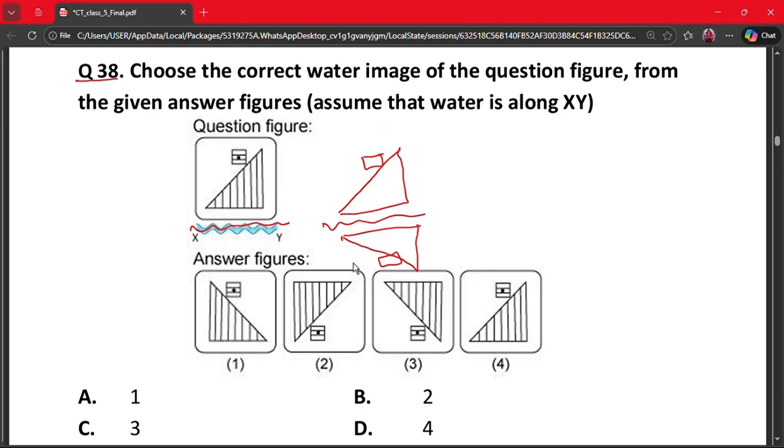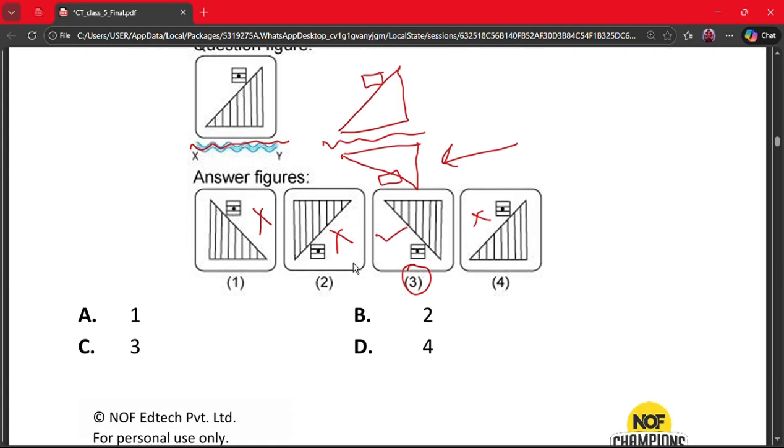So here in option A, no. Option B, no. Option C, yes. And option D, again, no. So our replica image that we made is similar to 3. Option A says 1, B says 2, C says 3 and D says 4. So here our answer is 3. So option C is the correct option.